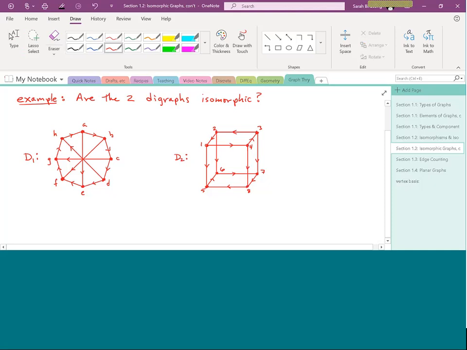But now with the edges, not only do they have to correspond to the edges in the second graph and the edges in the first graph, they also have to be going in the same direction. Okay? So that's the extra piece when you're dealing with your directed edges and you're checking to make sure it works between the two graphs. You have to make sure that the direction of the directed edge also translates over to the second graph. Okay? But that's sort of a last thing that you would do.